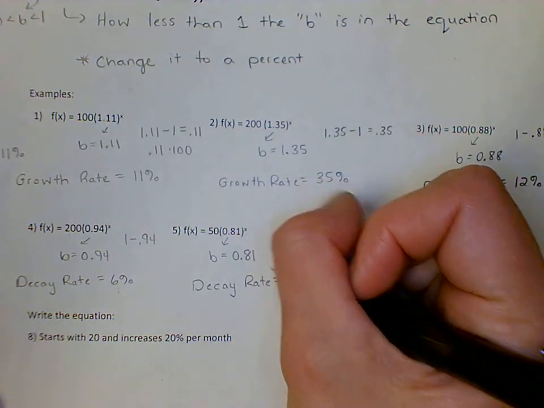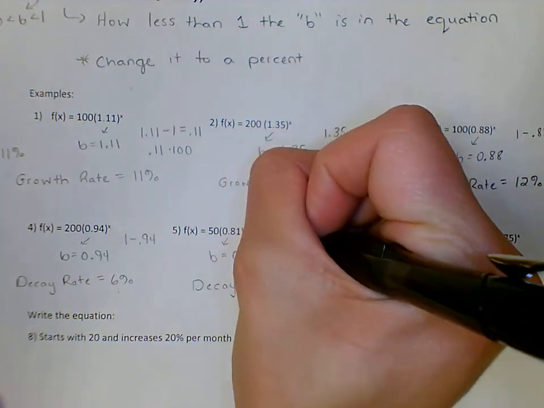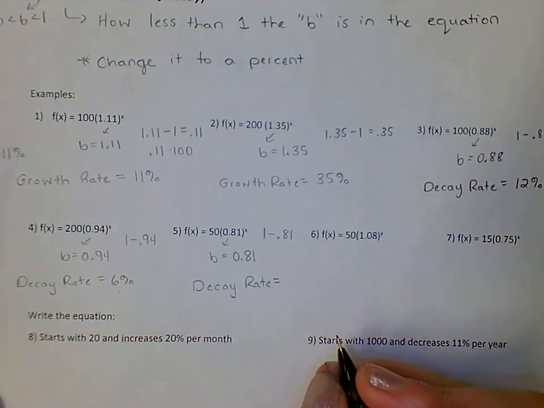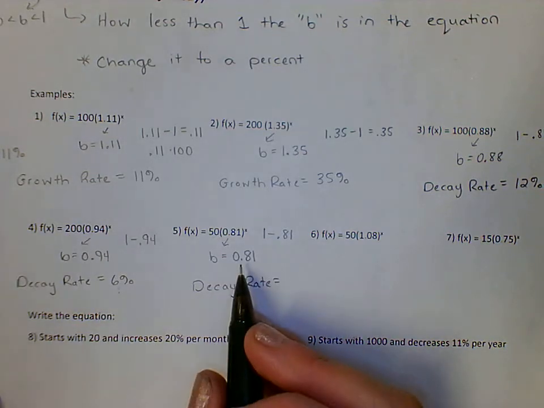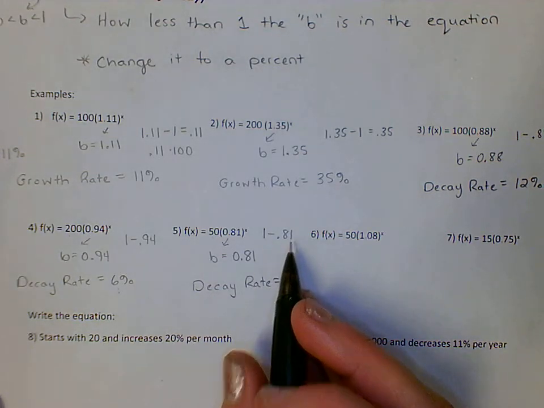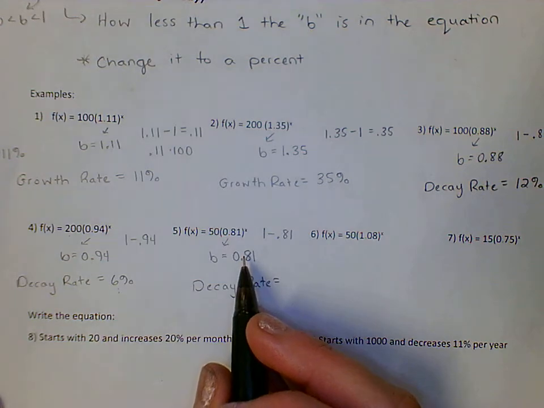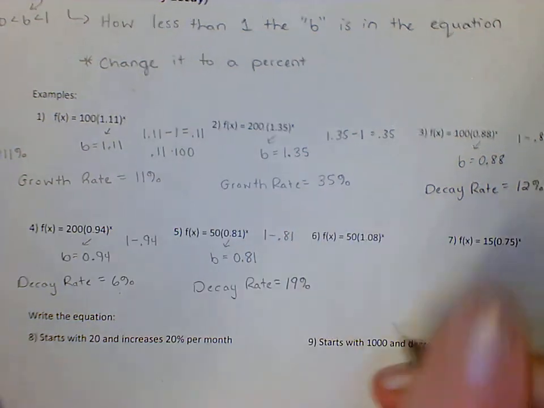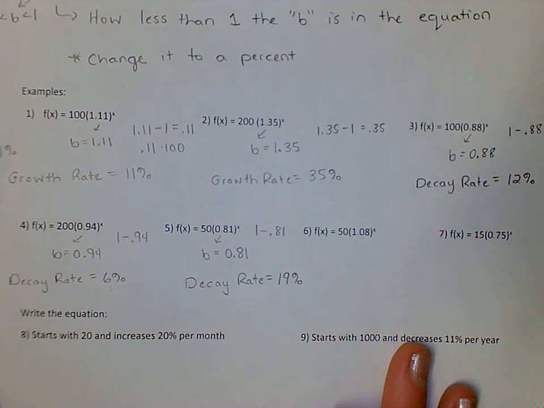Well, you could figure that out in your head, or you could take 1 minus that number. So 1 minus 0.81, or you could take 100% minus 81%, and that means that 19% of that is going away.